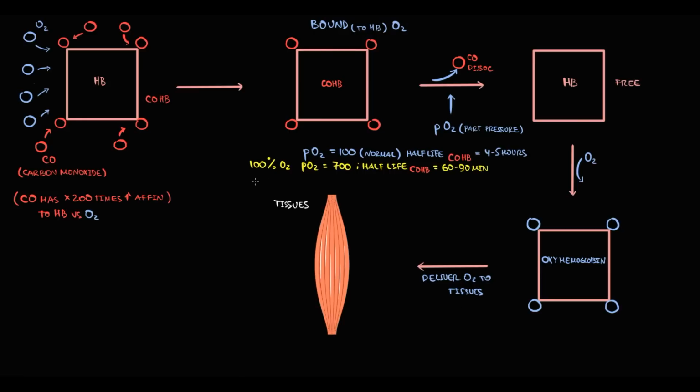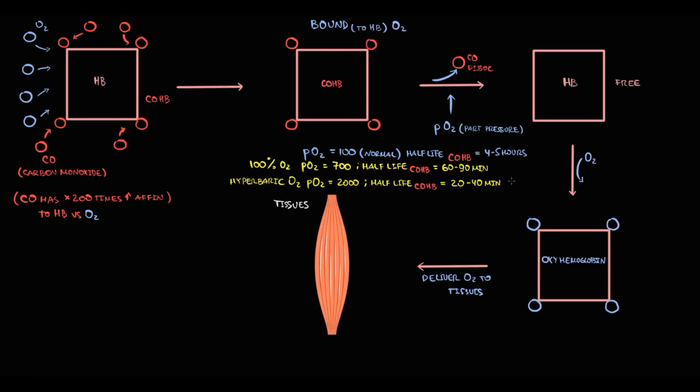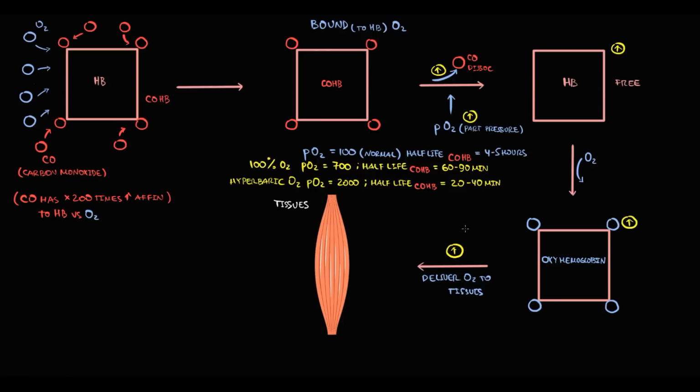The more effective, but at the same time more dangerous approach, is hyperbaric oxygen. We put a person in a chamber with oxygen pressure 2000, and in this scenario, the half-life of carboxyhemoglobin becomes 20 to 40 minutes. So, by increasing the partial pressure of oxygen, we can stimulate the dissociation of carbon monoxide, which will result in a faster normalization of oxygen transportation by the hemoglobin.